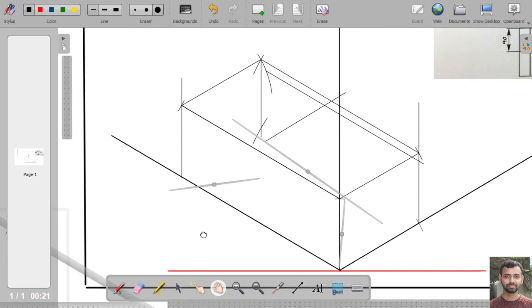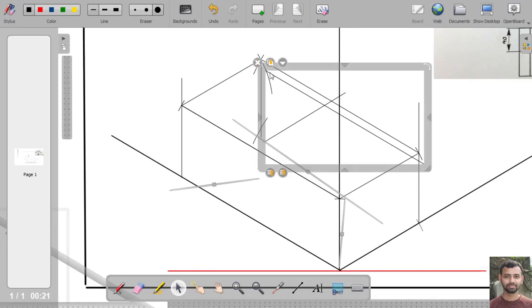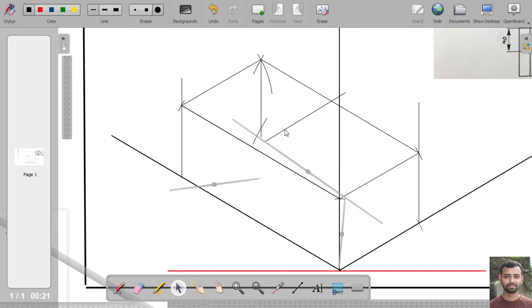Okay, so another line. Okay, so this is the housing block.